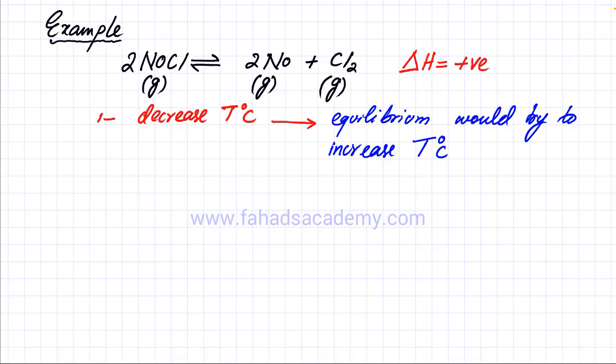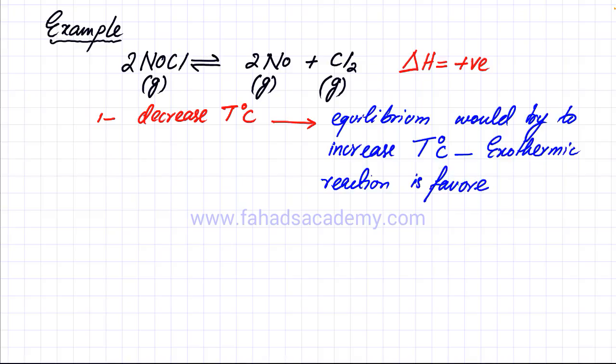And whenever it tries to increase temperature, it's the exothermic reaction which would be favored. So our exothermic reaction is favored. Let's underline that, and let's see which one of the reactions is exothermic.